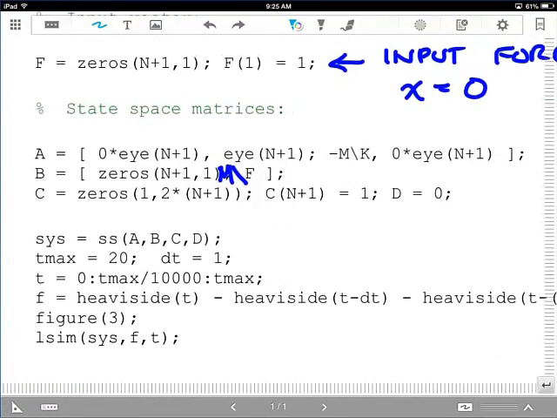So when you write your equation, of course, it's M Q double dot plus K Q equal to this F vector.